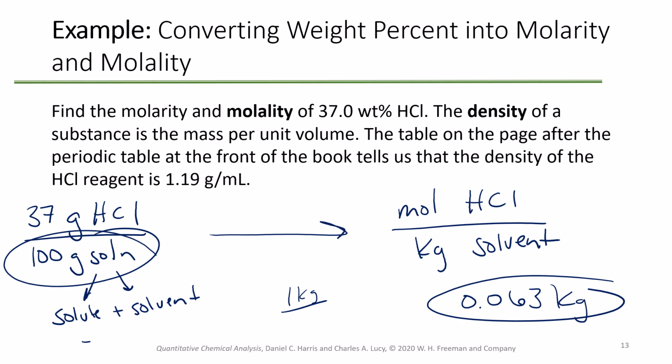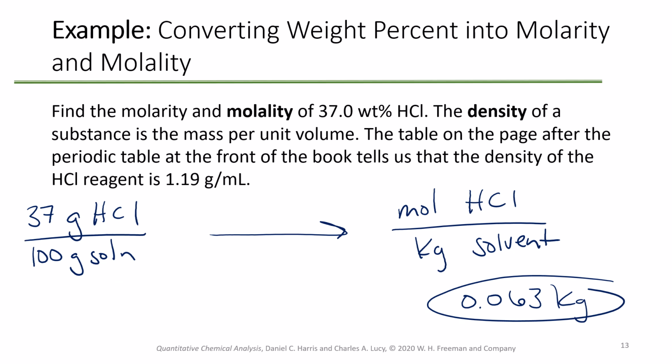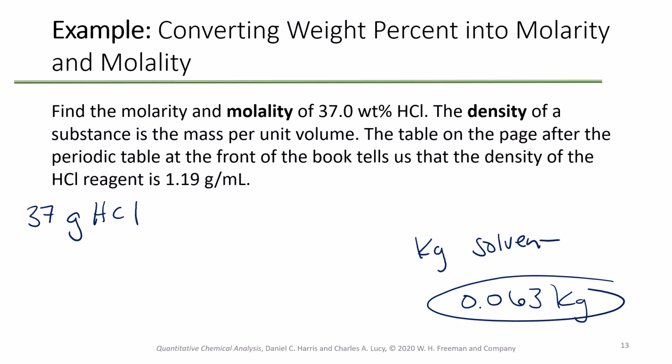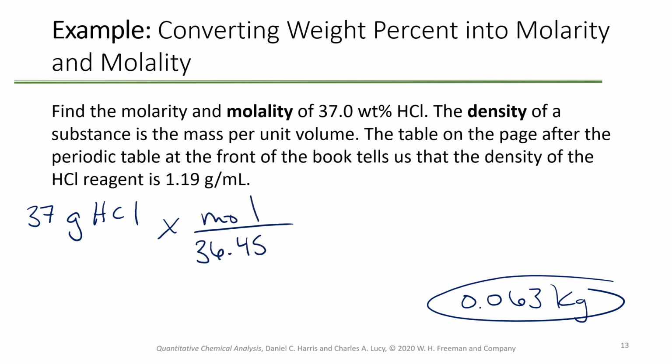Now the top part is going to be the exact same as we did on the previous problem. If I need to go from grams to moles, I just need to use the molecular weight. So 37 grams of HCl and then divide by the molecular weight equals 1.0149 moles.